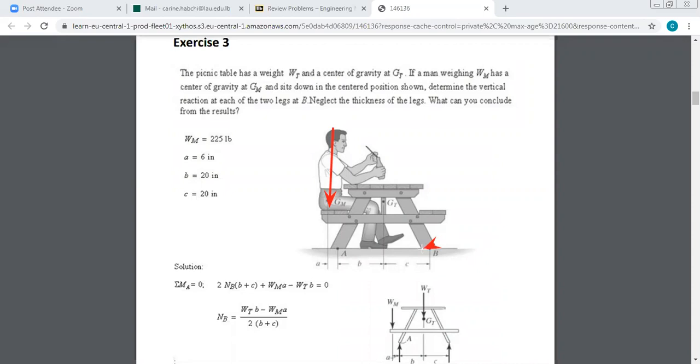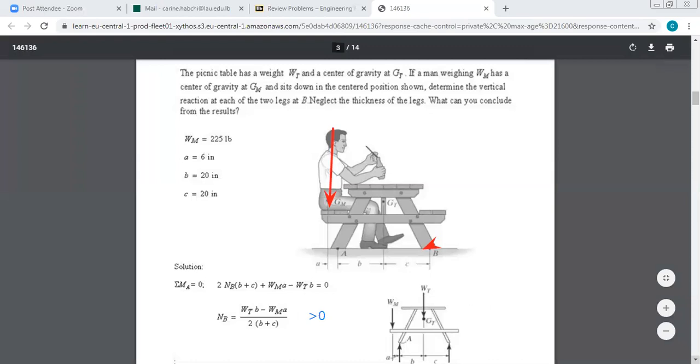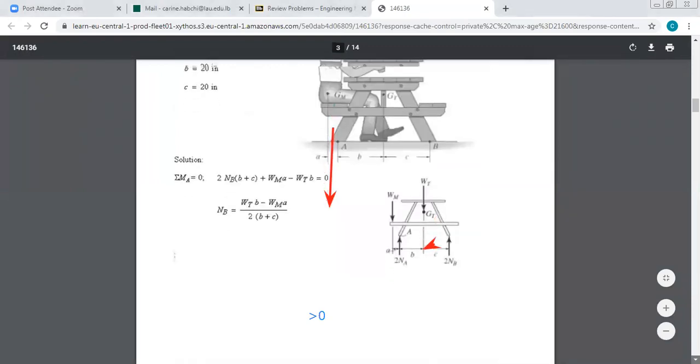In order to keep contact with a surface, you should keep a normal reaction between the surface and the table. So the condition to keep contact is that NB is higher than 0. Once NB is equal to 0, you will start to lose contact with the ground. So the condition to not lose contact is to have this ratio higher than 0, and you can find a condition on the weight of your table.